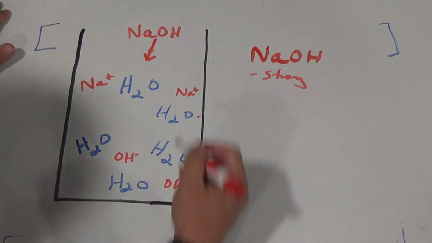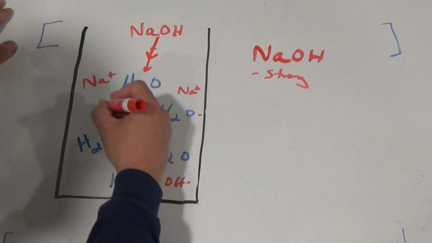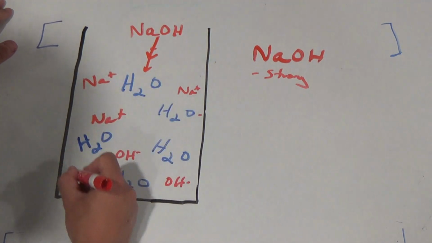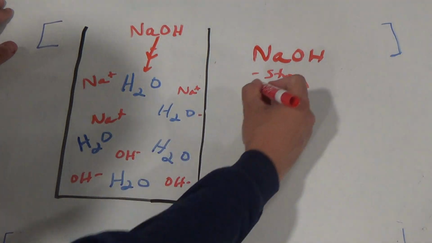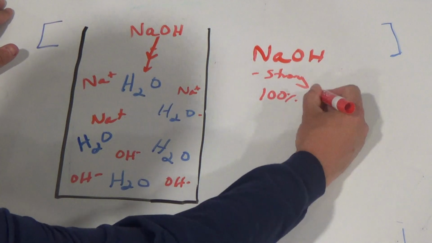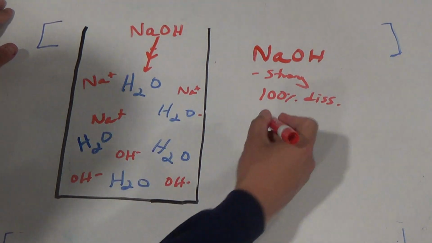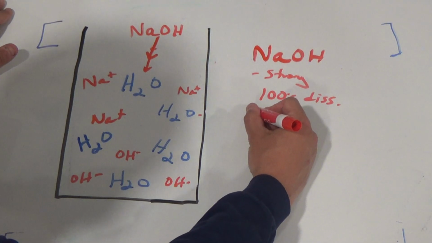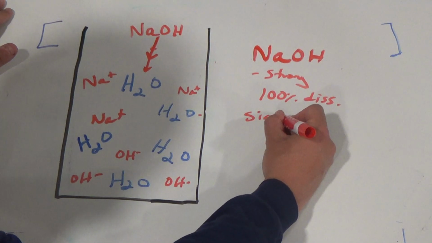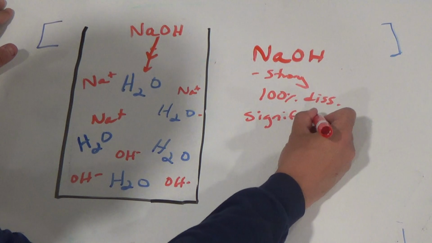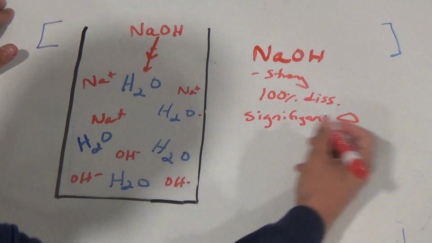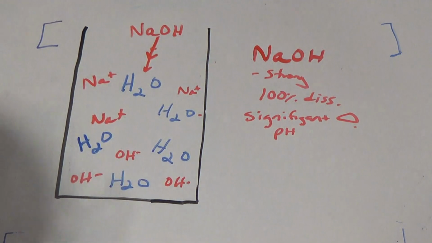Full dissociation. Drop in again. Full 100% dissociation. You notice that 100% dissociation, big, significant change in pH. Okay? So that is a strong base.